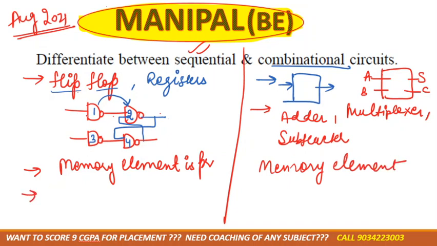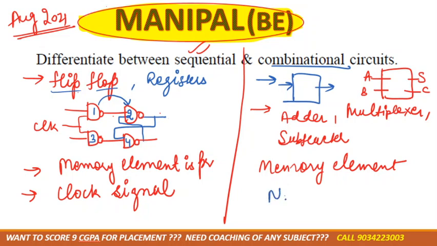In the flip-flop, as you know, we always provide the clock signal, correct? And remember, do we provide a clock signal in the adder or in the multiplexer? No. So no clock signal is required. Understood?